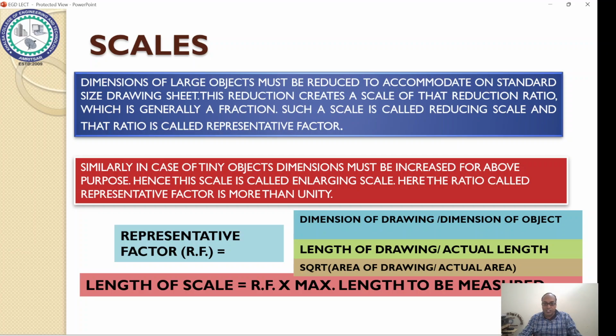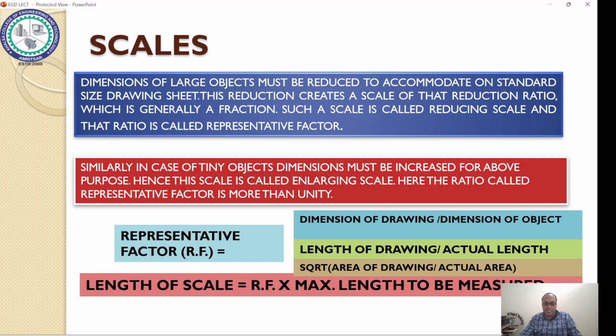Okay, so to study those parts, an engineer enlarges the size of the smaller object so that a manufacturer or the designer can understand it better. Okay, so in that case we enlarge the size of the object by 2 times, 5 times, 10 times, likewise. Okay, so in that case the representative fraction is more than unity.